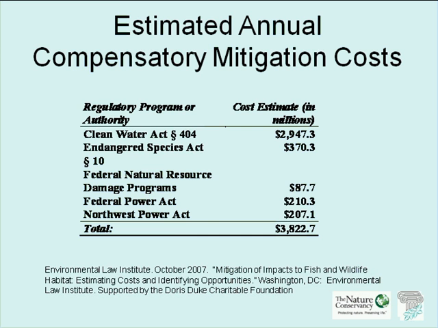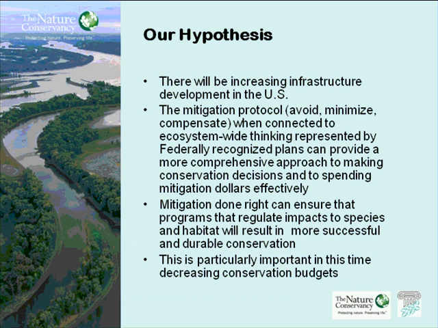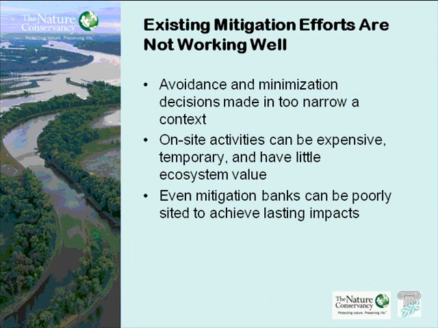A good portion of that money has not been spent well, and I would guess maybe 40%. The avoidance and minimization decisions have been made on too narrow a context.